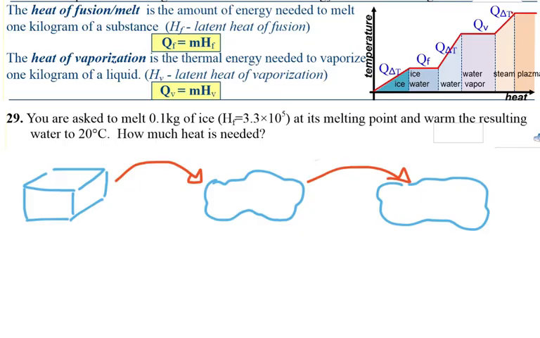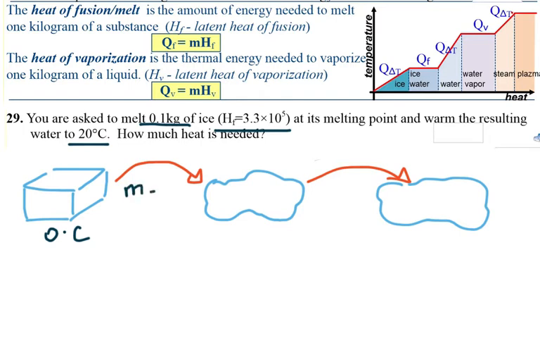In this question, they ask me to melt 0.1 kilogram of ice. So I'm starting with ice, and they give you the heat of fusion, or heat of melting. I want to melt it and turn it into water at 20 degrees Celsius. So I'm starting at the melting point of ice, which is 0 degrees Celsius.